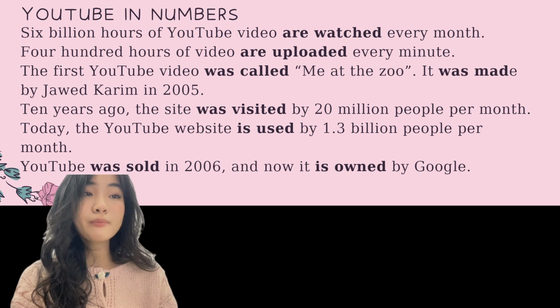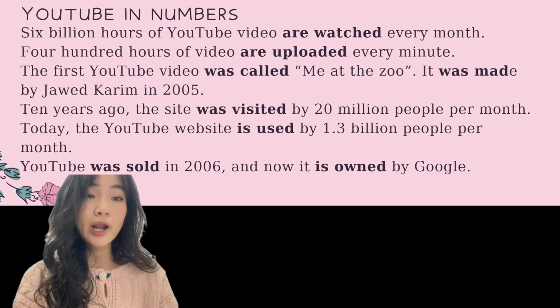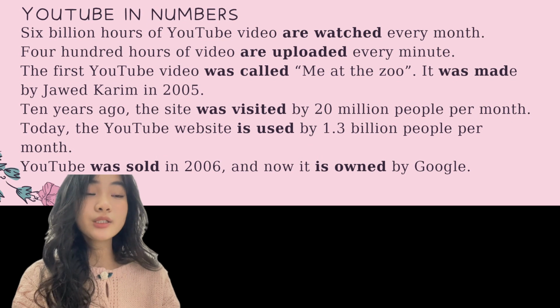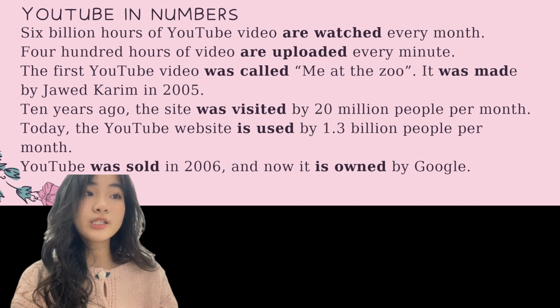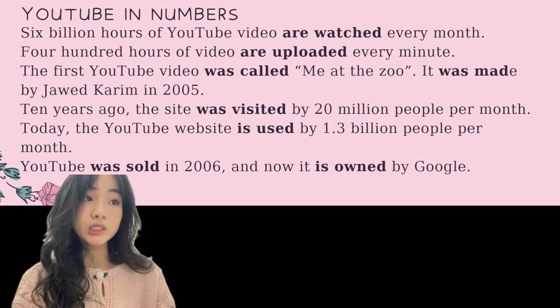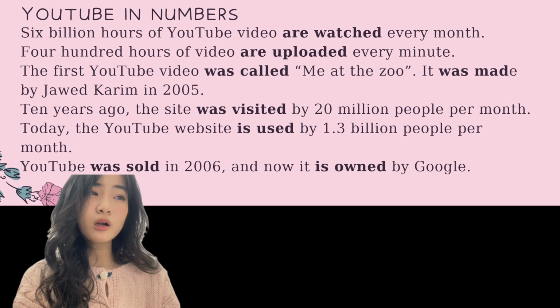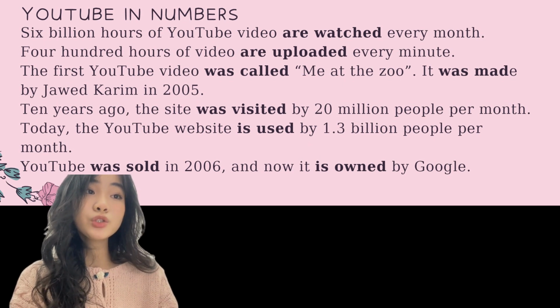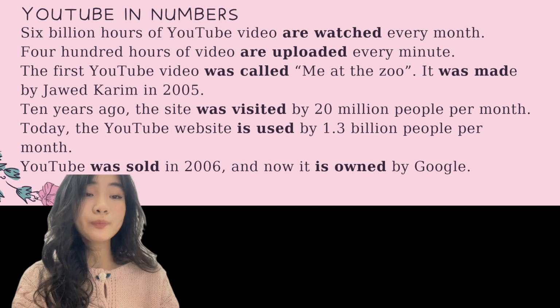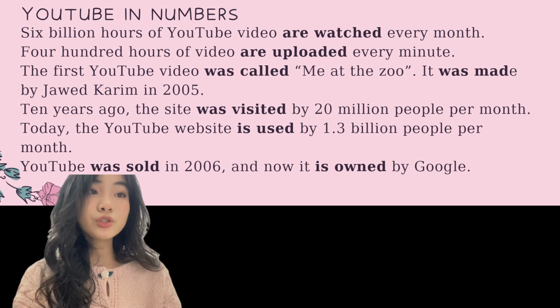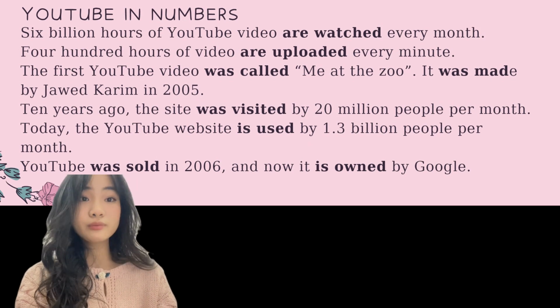It was made by Chad Hurley in 2005. 10 years ago, the website was visited by 20 million people per month. Today, the YouTube website is used by 1.3 billion people per month. YouTube was started in 2005 and now it is owned by Google.